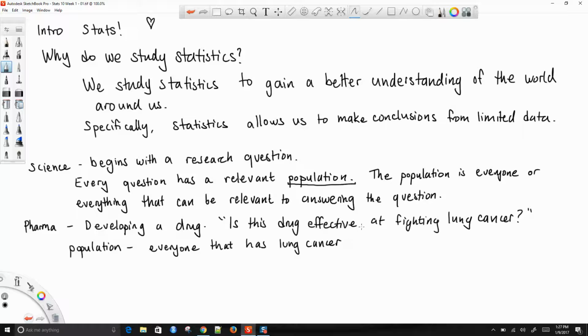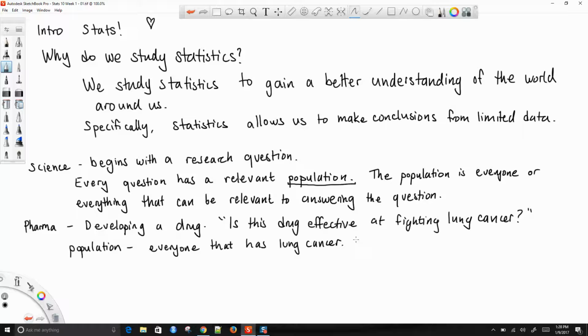So oftentimes before they do testing on humans, they might do tests on mice or something that have developed lung cancer, and that's a whole other system where you have to find animals, or give them lung cancer through different means and whatnot.